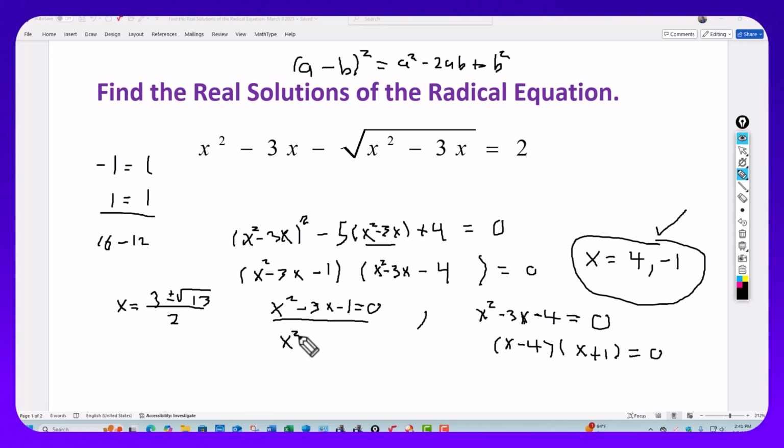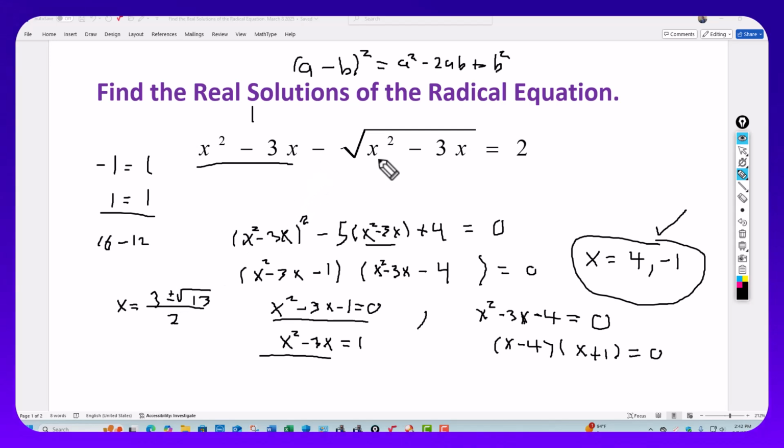Let me rewrite this equation: x squared minus 3x. Add 1 to both sides, so I see that x squared minus 3x is equal to 1. So instead of plugging these in to confirm whether they're solutions or not, let's look at x squared minus 3x equal to 1. So that's 1.